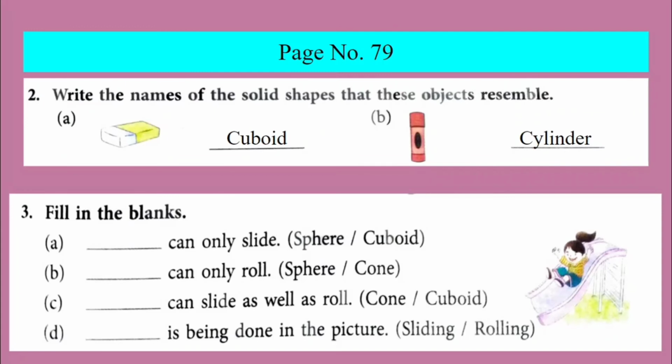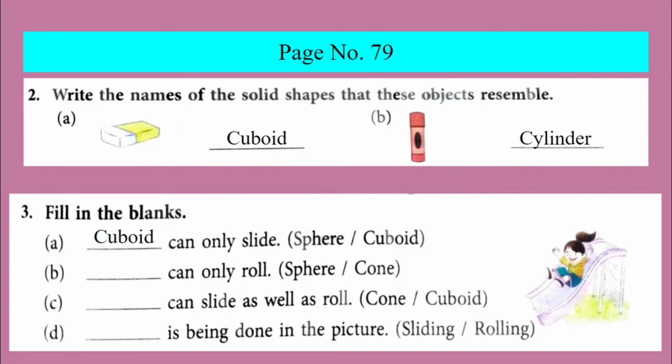Remember that a sphere can only roll as it has one curved surface that makes it roll all around, and a cuboid has all sides rectangular, so it can only slide. So which is the correct answer? Yes, a cuboid can only slide. So cuboid is the correct answer.